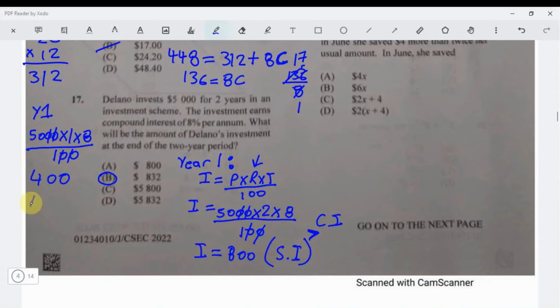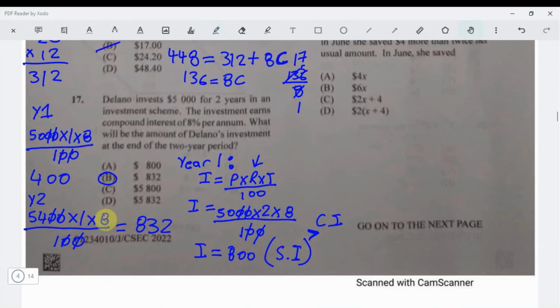So the new principal in year 2 would be 5,400 multiplied by 1 times the interest of 8 over 100. These two zeros still cancel. 8 times 54. That works out to be 832. Alright, and that gives you the interest right there.